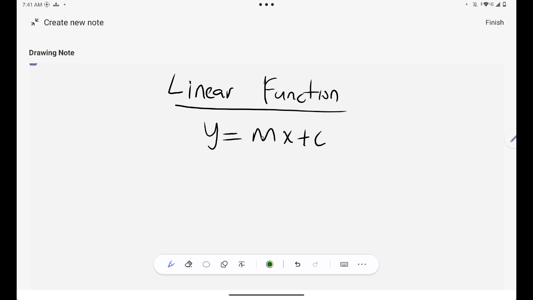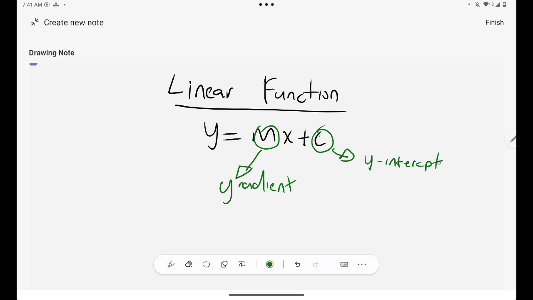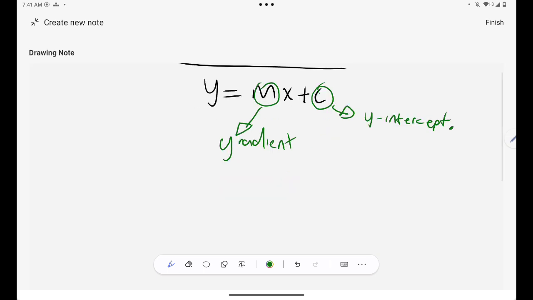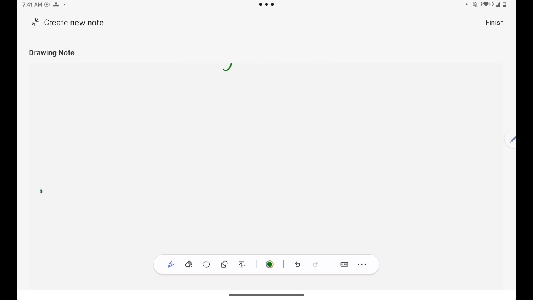Whereby the value of m is your gradient and the value of c is the y-intercept. The value of c is the y-intercept. Are you together? So by just knowing the value of the gradient and the value of c, I can draw my straight line graph. Are we together?